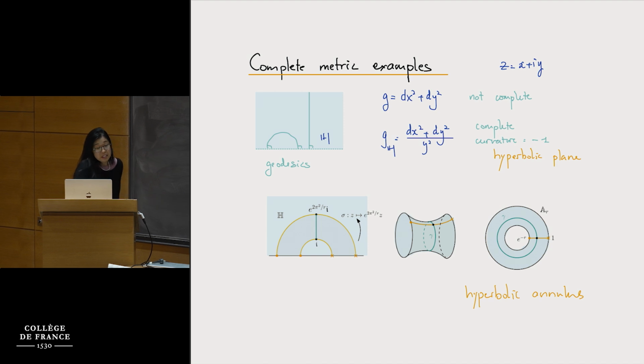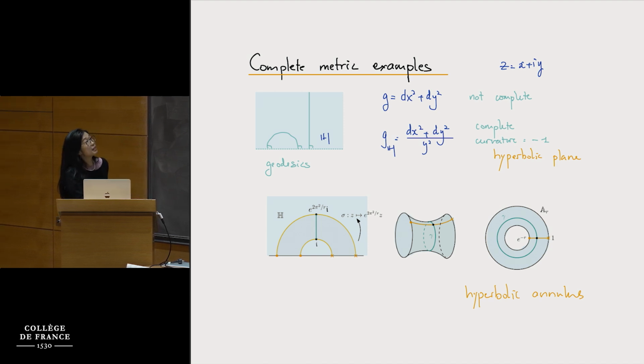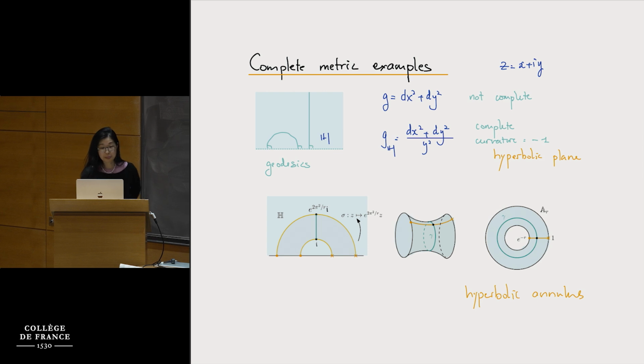The other simple example is this hyperbolic annulus. It is obtained by taking the upper half plane and modding out by a scaling map, like z goes to some scaling of z. Here, under these arcs, this is a fundamental domain, where this orange curve is identified with this orange curve.